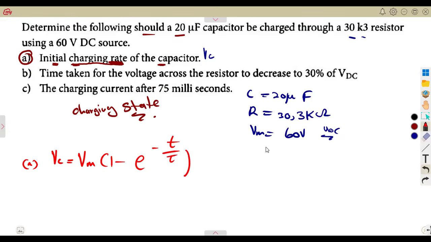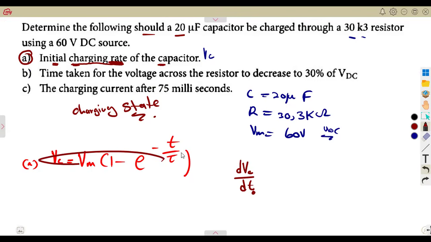This was supposed to be the formula to be used to calculate the voltage, but they do not want that. They want a rate of change, where a rate of change is now the derivative of what is given there, which is dVc with respect to time, always with respect to time. So you must find the derivative there.